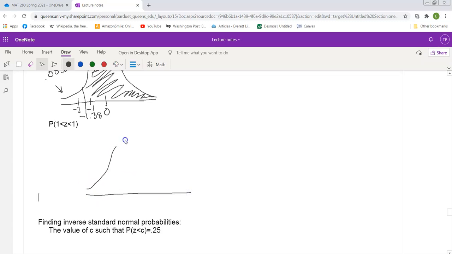So I'm going to sketch this, and 0 is in the middle, -1 is about here, and 1 is right about here. So I'm looking for the area between those two values.